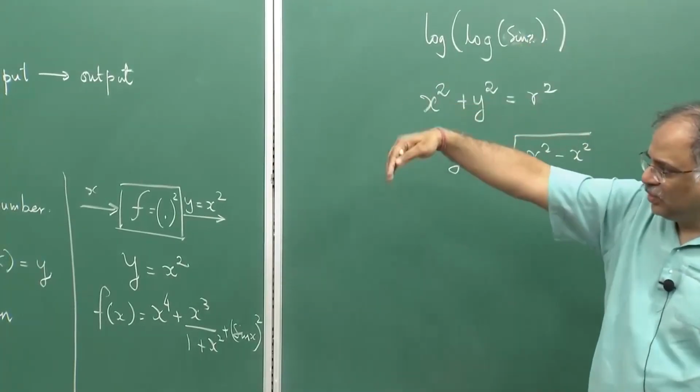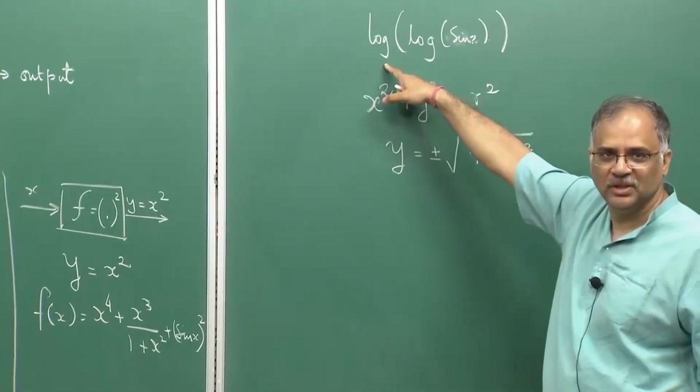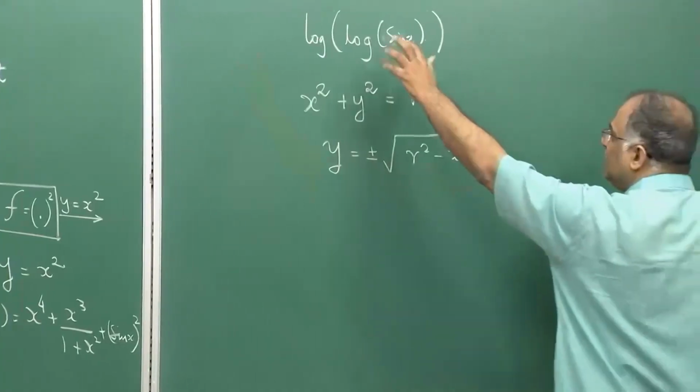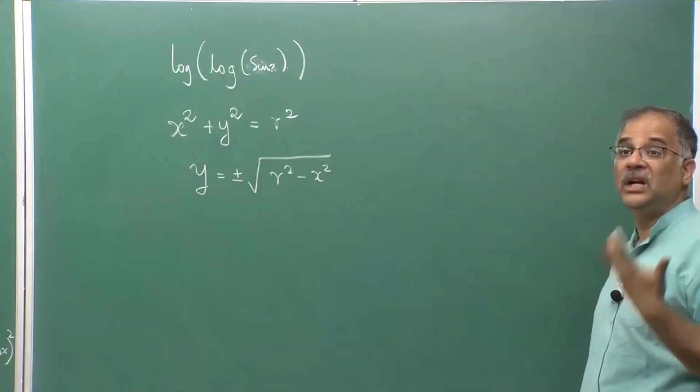So, any log of a number less than or equal to 1 is negative, and again you cannot define this. So, writing something arbitrarily which looks fancy need not always be well defined.